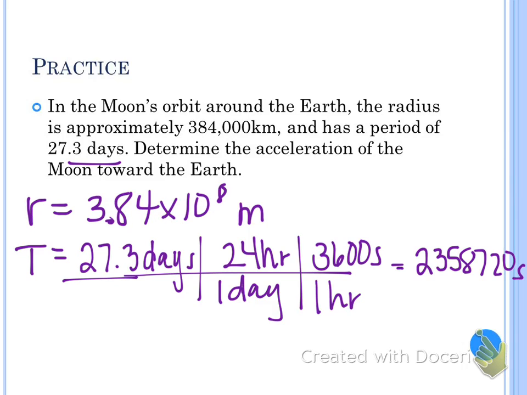All right, so our overall goal here is to find our acceleration. And our acceleration equation is v squared over r. Do we have our velocity? No, we need to solve for velocity. Okay, so let's do that first.